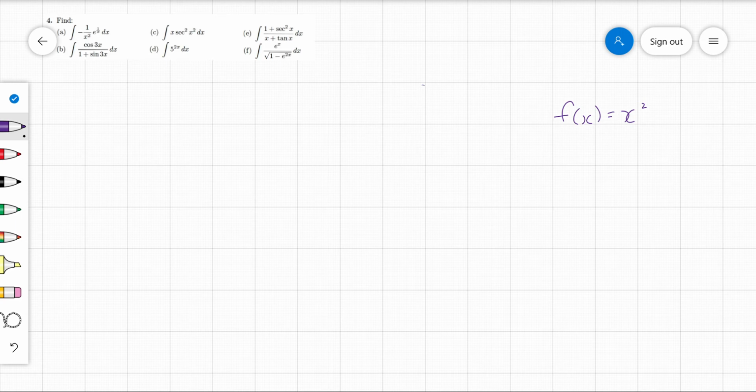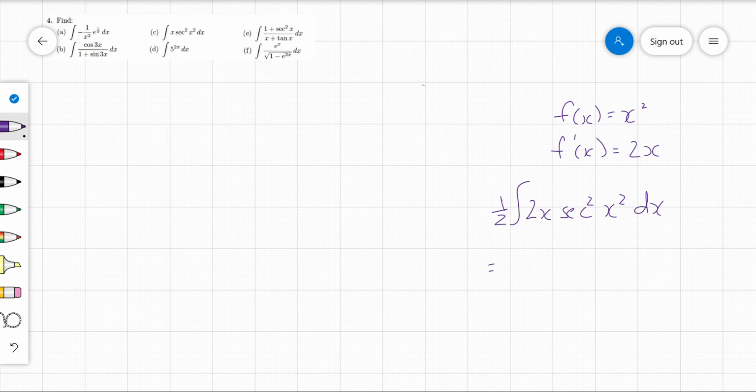Oh sorry, I'm looking at C. I'm going to make that one x squared. And so f dash of x is going to be 2x. And you can see that we have an x, we don't have a 2x. So what we could do is make it a 2x, sec squared x squared dx, and we could put a half out the front, and that covers it.